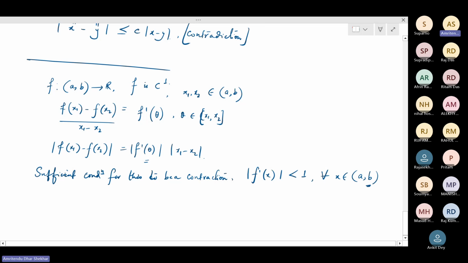So if this criterion is satisfied, then of course we can conclude that f is a contraction map.